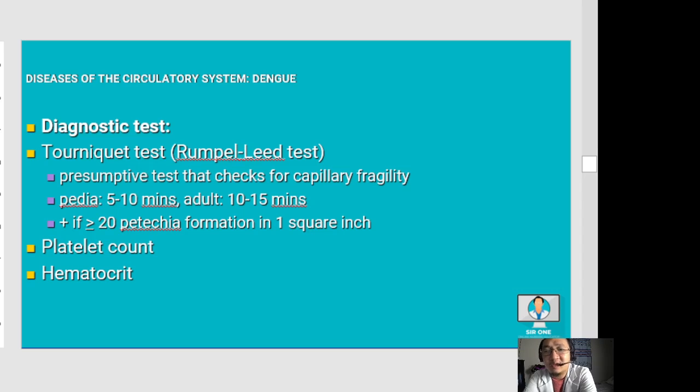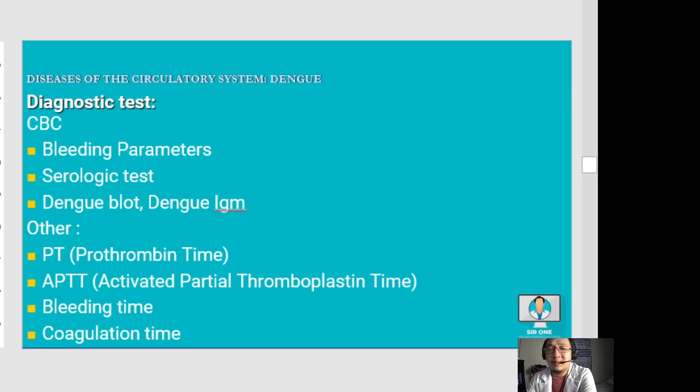Then, of course, platelet count and hematocrit are also among the best diagnostic procedures. Platelet count is usually decreased with elevated hematocrit. Based on DOH, these are the diagnostic tests: complete blood count with the bleeding parameters, serologic test, dengue IgM.